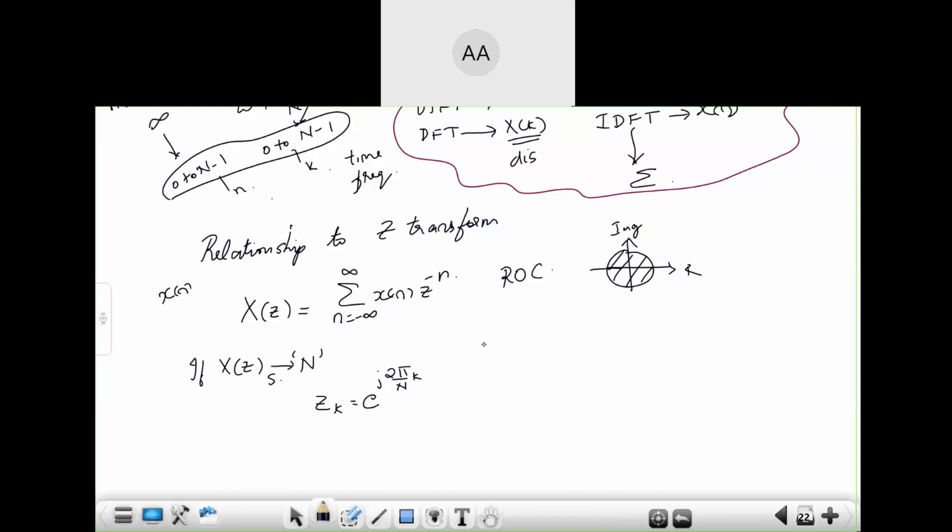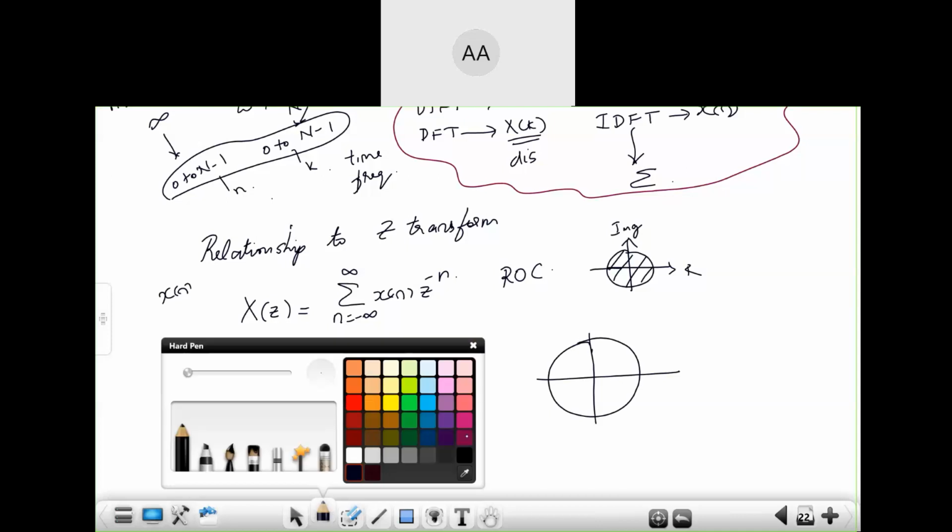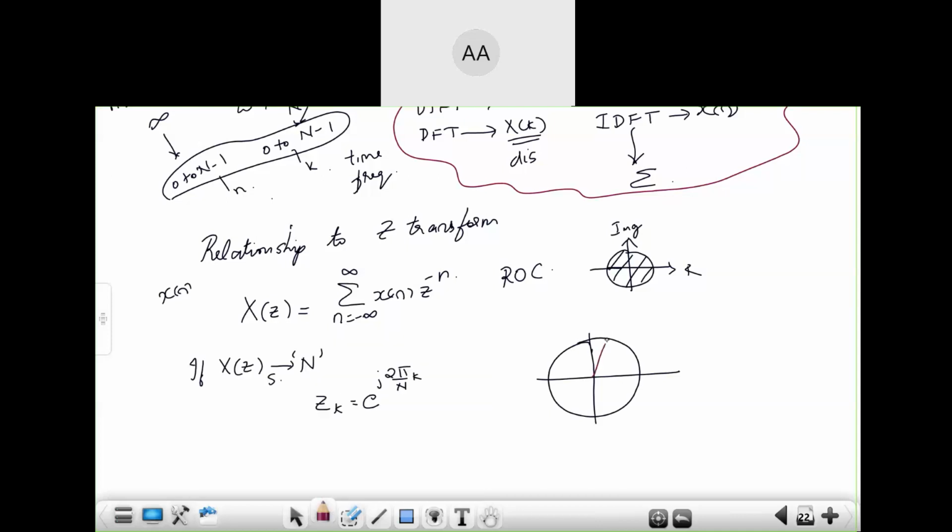Ma'am, what is that statement, ma'am? If x of z is sampled at capital N equally spaced points on the unit circle. See, that means on the unit circle, you're having this represent your Z transform. If you're going to sample this at N equally spaced values, with equal distance, you're going to sample each of these.